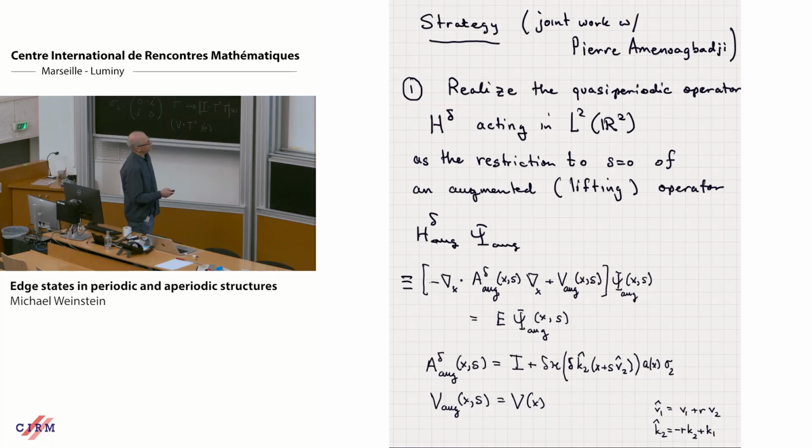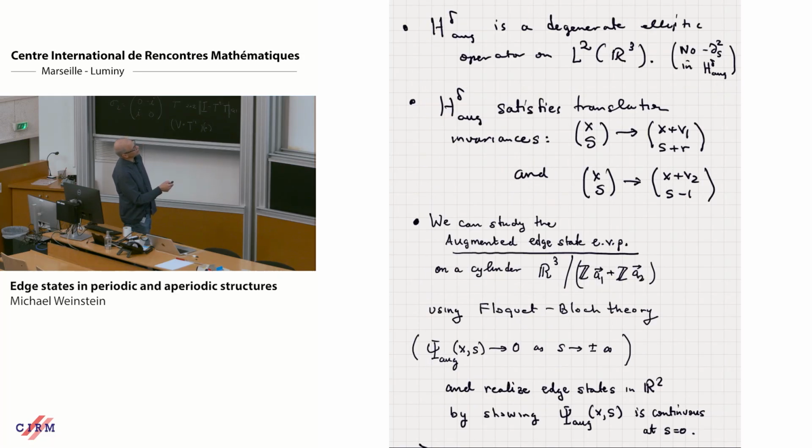The point is that this lifted operator is actually translation invariant. It's been constructed to have translation invariance in 2 dimensions. And then there's a third dimension, which is S going to infinity, which is going to be the cylinder direction. So what we could do is solve this in this lifted setting.